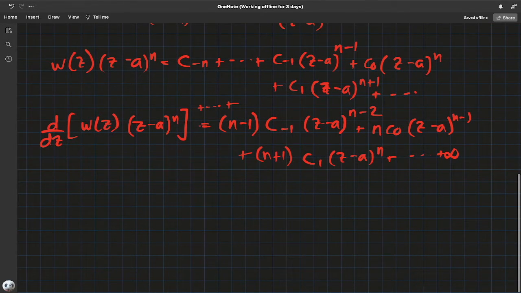So there's a pattern going on, but we still want to reduce this n minus 2 to be power 0, so that this z minus a disappears.